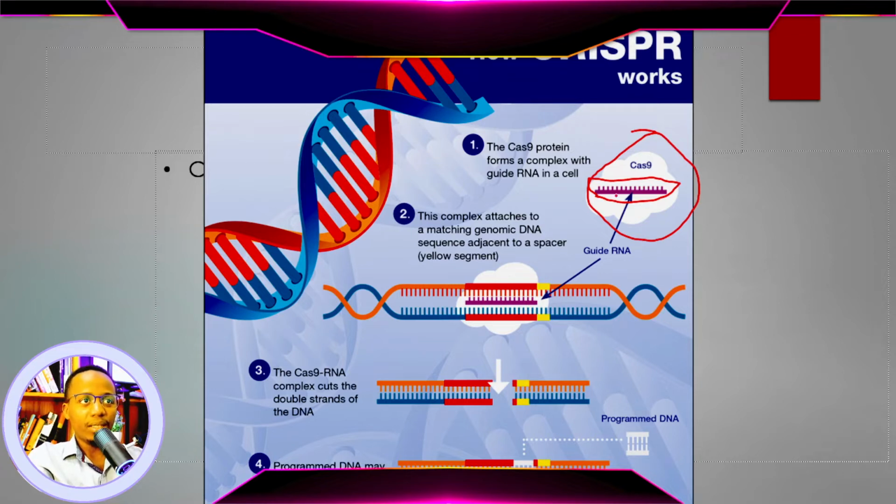So the complex, the Cas9 with the guide RNA, is going to come and attach to a matching genomic DNA sequence, right? So we're coming in here with our guide RNA, we bind to the DNA, and what happens? Cas9 and RNA complex is going to cut it. So remember, the Cas9 is an endonuclease, right?